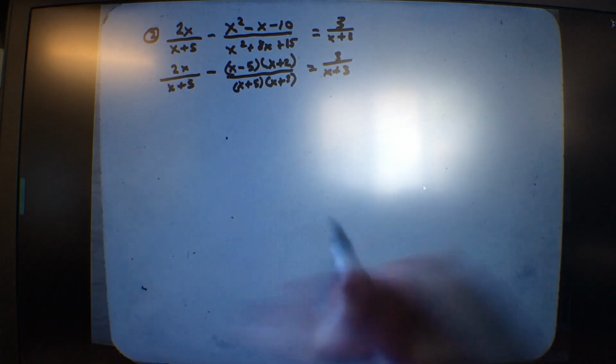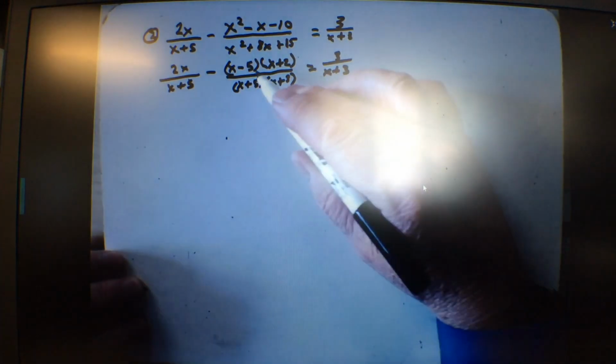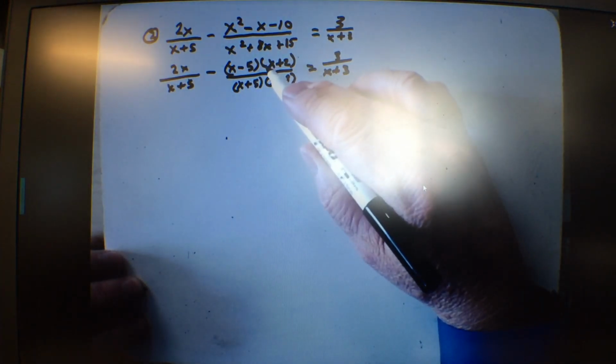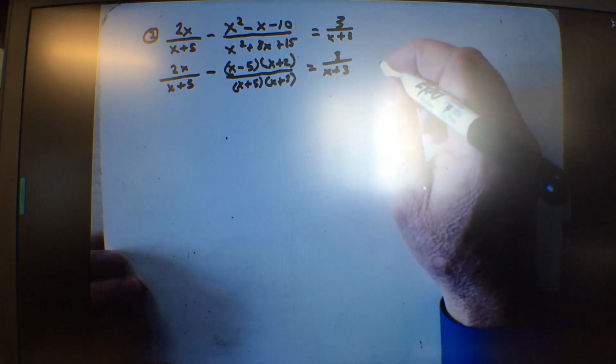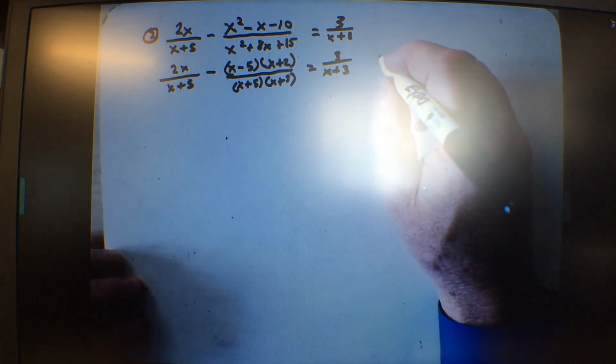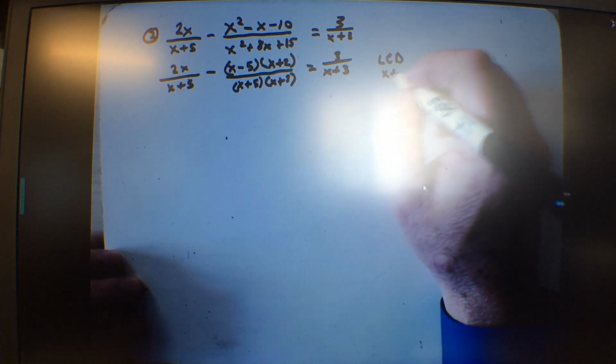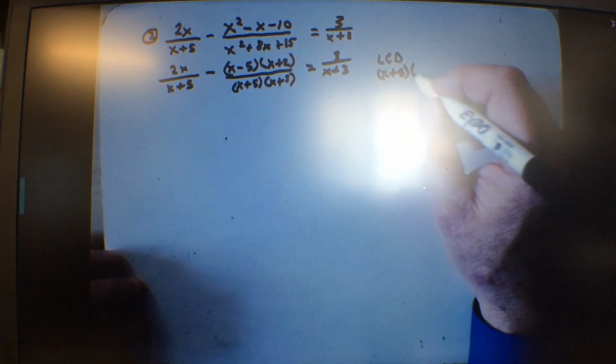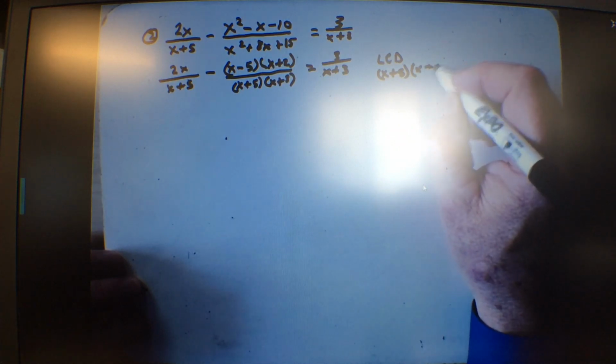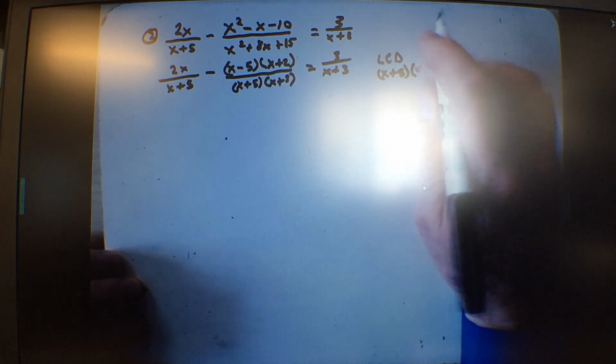So you're going to be weirded out, but in a minute I'm going to put this back to the way it was, because it's actually easier to multiply when it's the other one. Okay? So now I'm going to multiply by the LCD, which is what? X plus 3. That is correct. This is the LCD. Oops, that's plus 3.